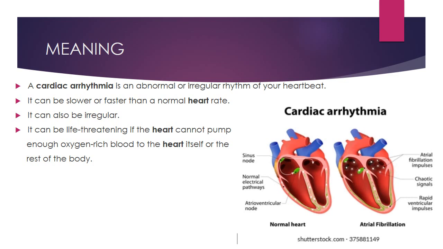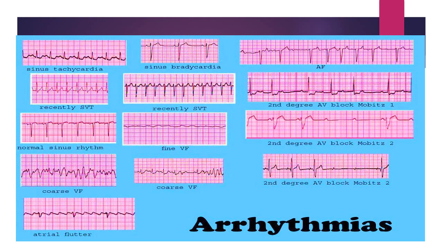Because the electrical conduction system is in trouble, the heart is also not able to pump an adequate amount of blood to the rest of the body. The signs and symptoms are also a topic in this unit, along with heart block and why it occurs. There are different types, and we'll go into detail along with each topic.